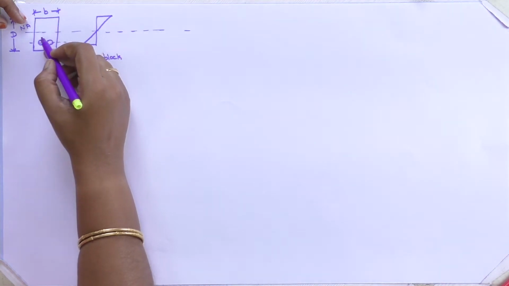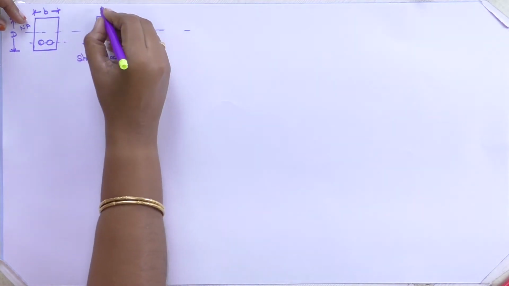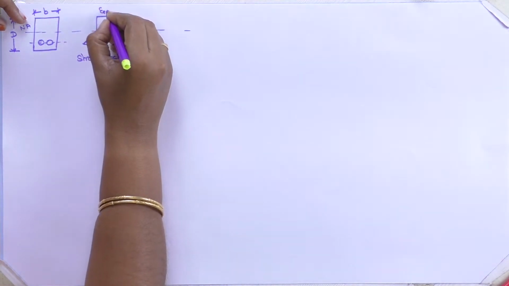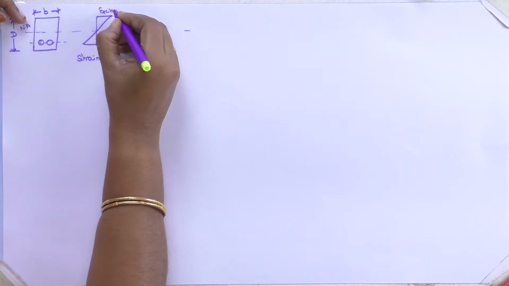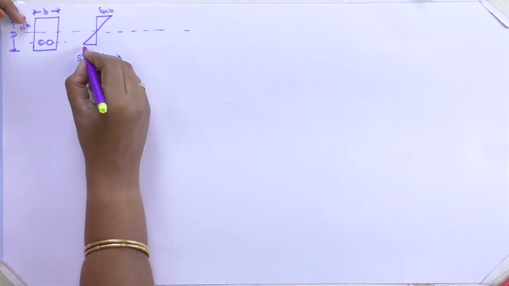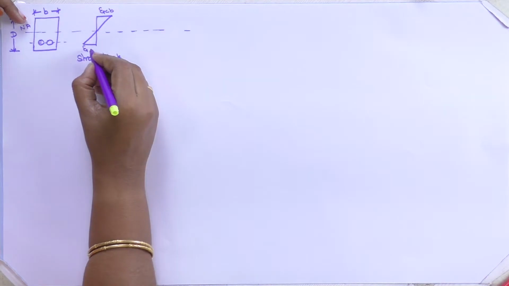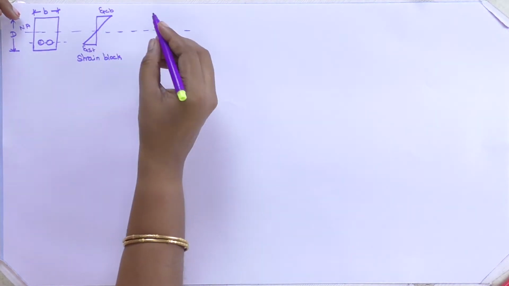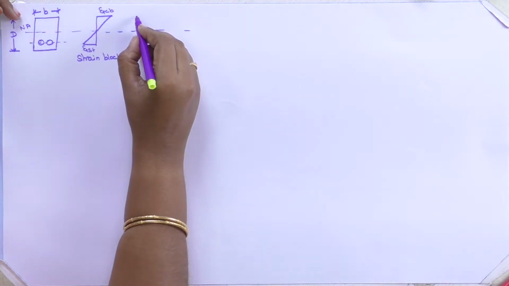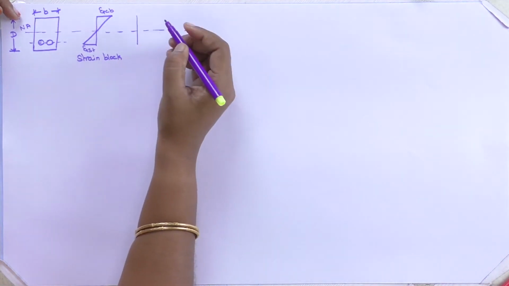When the load is being acted on this beam, you will get ultimate strain of sigma CBC in bending compression. We have an ultimate strain of sigma ST in steel. Then I can draw the stress block.